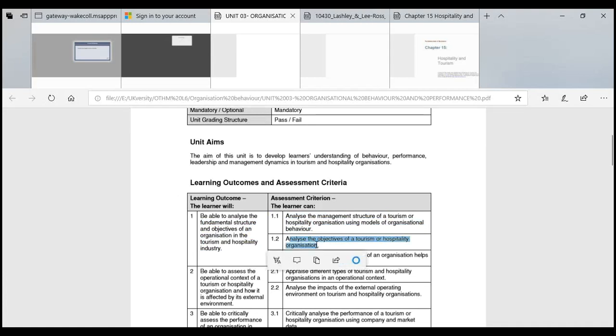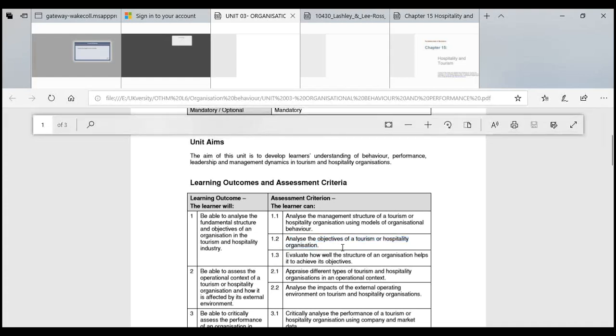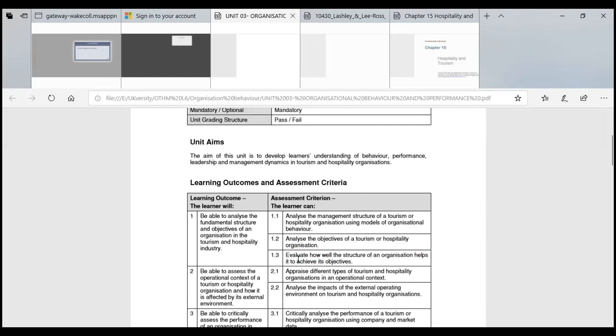We evaluated how the structure of an organization helps to achieve its objectives. We discussed roles and culture. If we have a clear structure, that will help to achieve the organization's objectives easily.